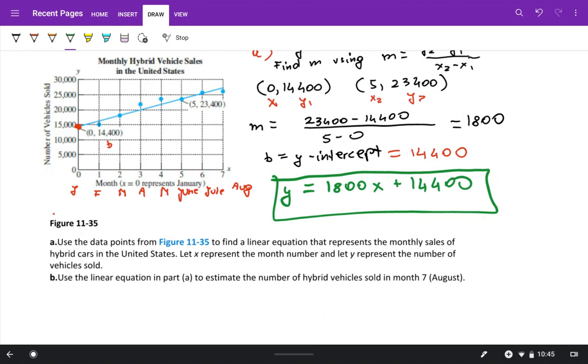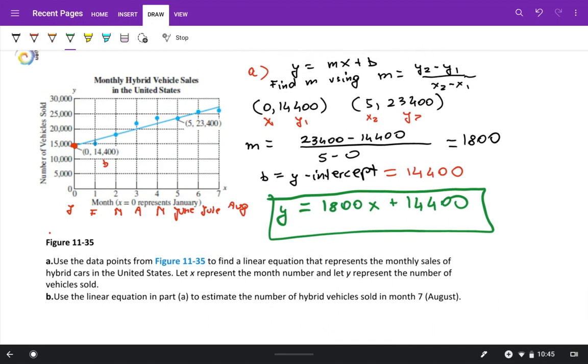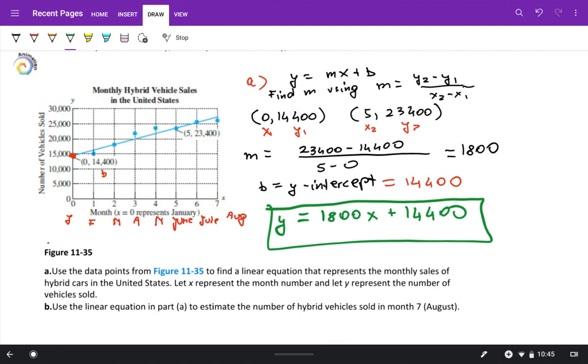Part B: use the linear equation in part A to estimate the number of hybrid cars sold in August. On the graph, in August, we are dealing with this point right here. We're trying to figure out how many cars they sold in August. It looks like it will be more than 25,000.